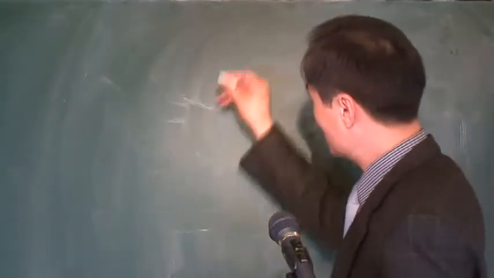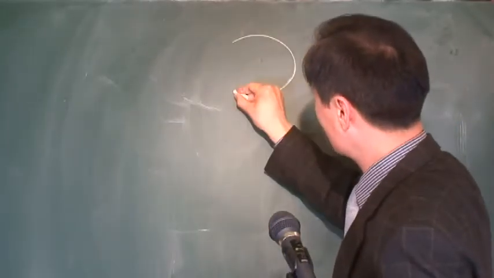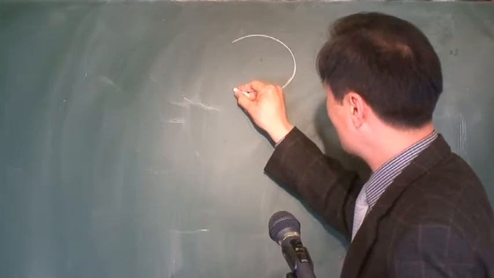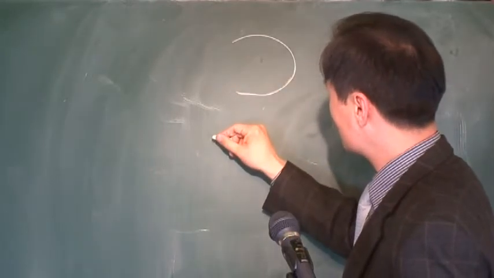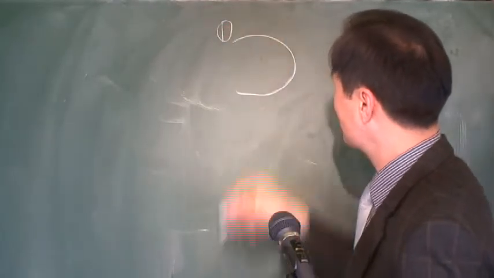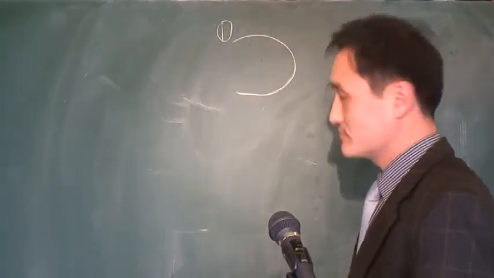Next, kaf. Kaf is drawn in one stroke as if drawing an oval.